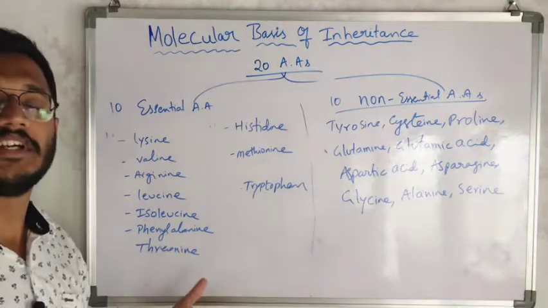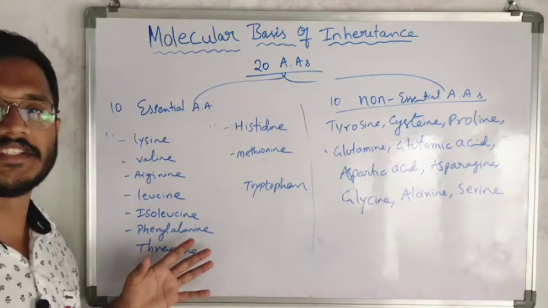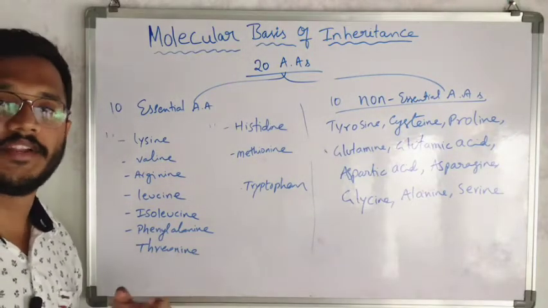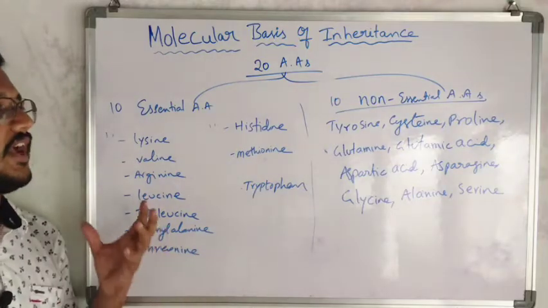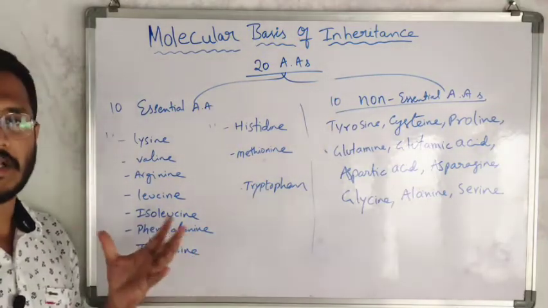The essential ones are not synthesized by our body, so we have to take them from outside. This is the difference between essential and non-essential amino acids.